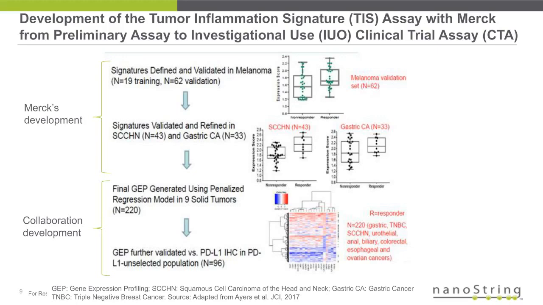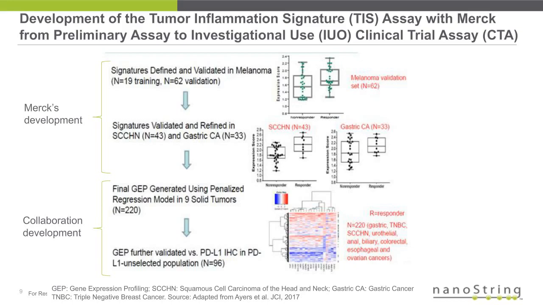Merck then went on to refine this signature further by looking at other tumor types, and in both the head and neck cancer and the gastric cancer, they again saw that the signature could be predictive of patients with good clinical response. And they refined the algorithm that supported the signature to continue to develop something that would be even more predictive.